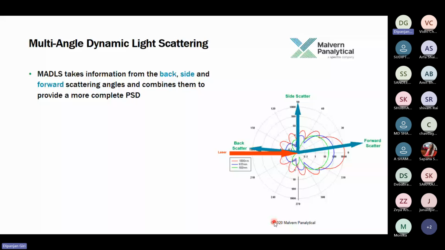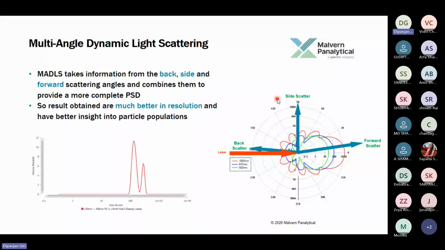In these three directions, we are getting the data, and by combining all this data, we are getting the size-surface-volume plot, that is a 150 versus 300 nanometer polystyrene latex. So you can see we get a single result with a very high resolution. So this actually helps with this kind of information.